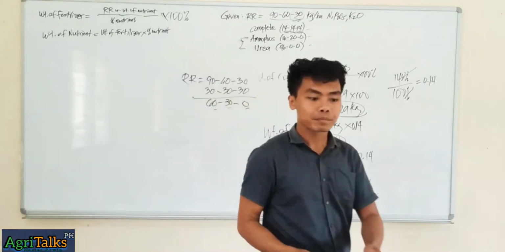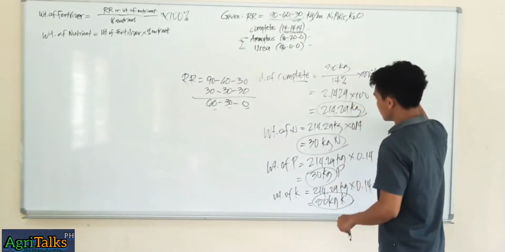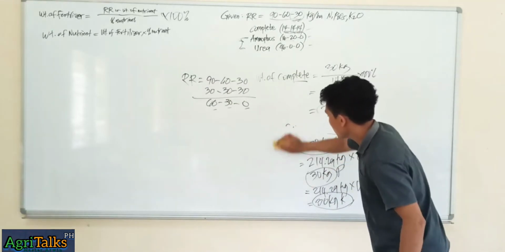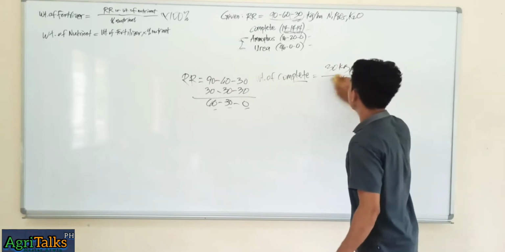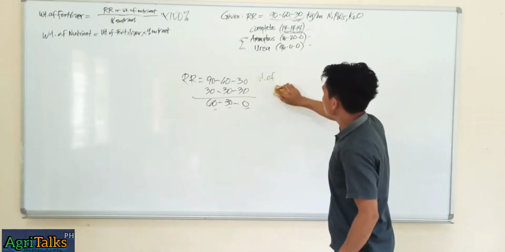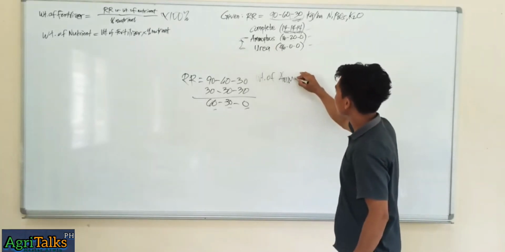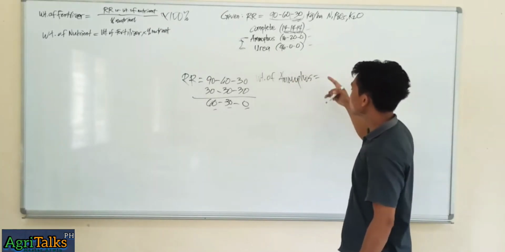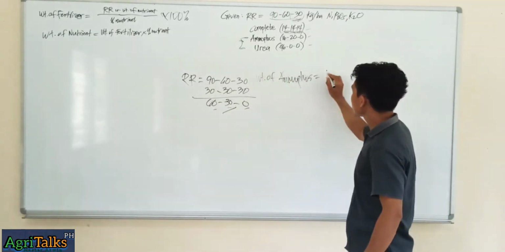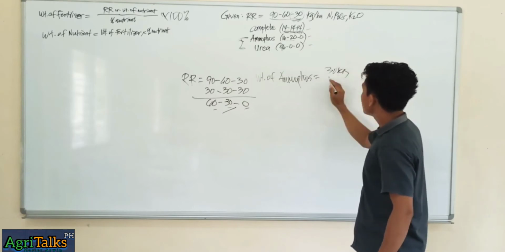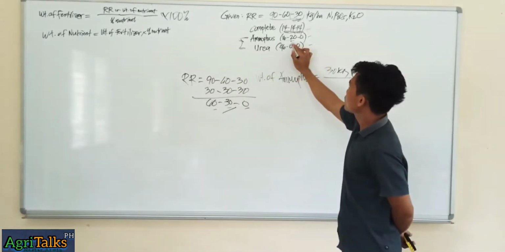So the same process. We will use the formula again. Weight of fertilizer, so weight of ammonium phosphate, AMOPHOS, is equal to the recommended rate, which is 30 kilograms, divided by percent nutrient, which is 20.